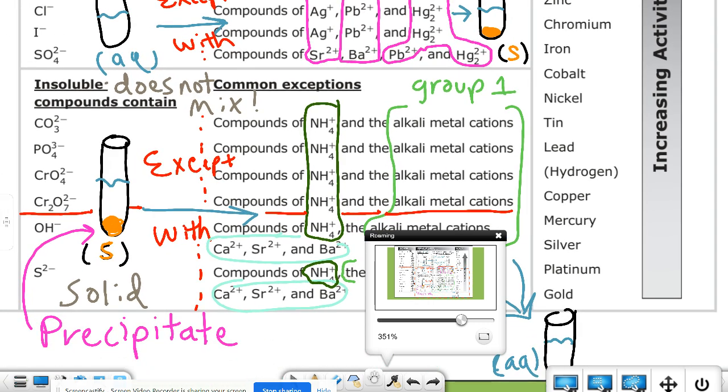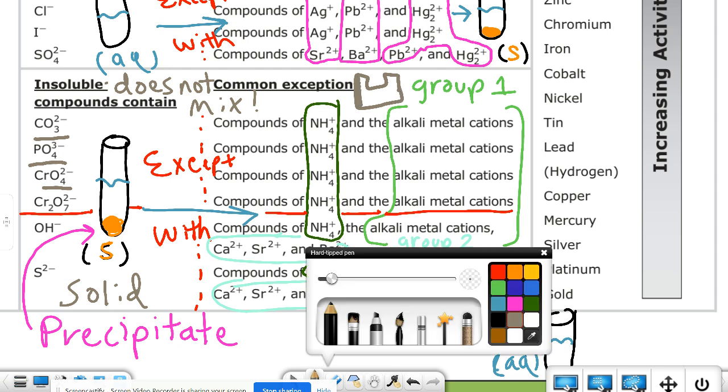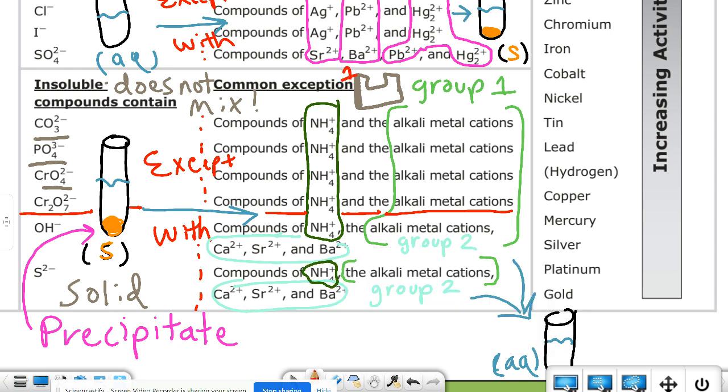Now, down here, these ions like to form compounds that do not mix, that make solid precipitates: carbonate, phosphate, chromate, dichromate. Okay, but when they get with ammonium, when they get with any element that's in group one, okay, group one would be any of the ones that are here on that first part of the periodic table, then they will flip and become aqueous.